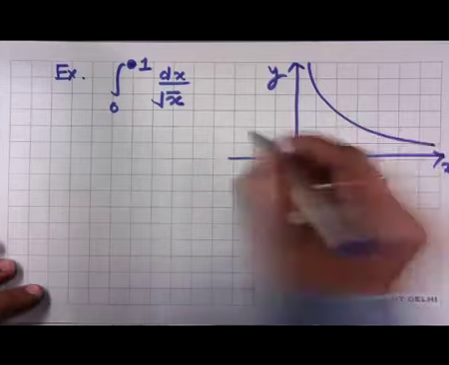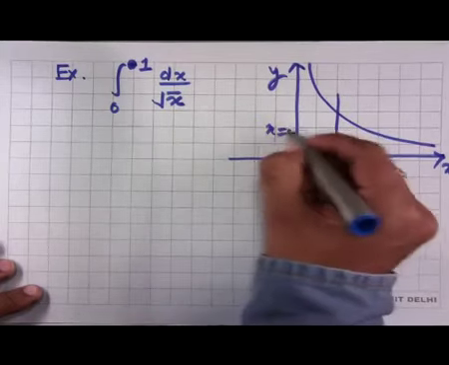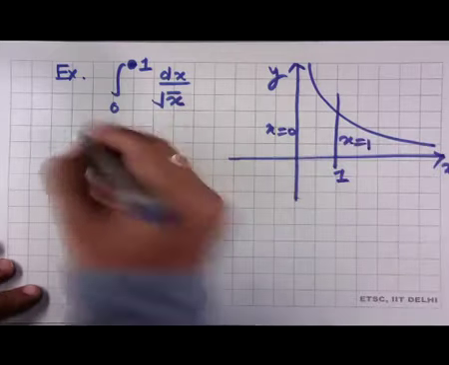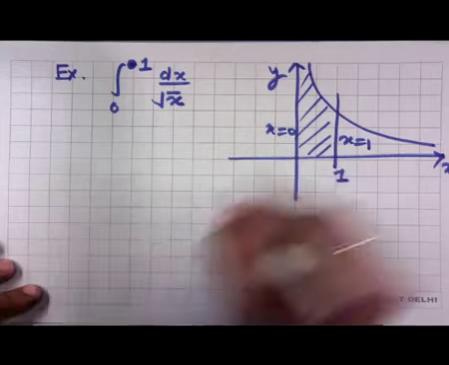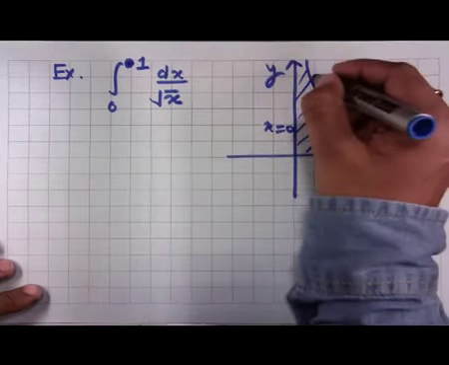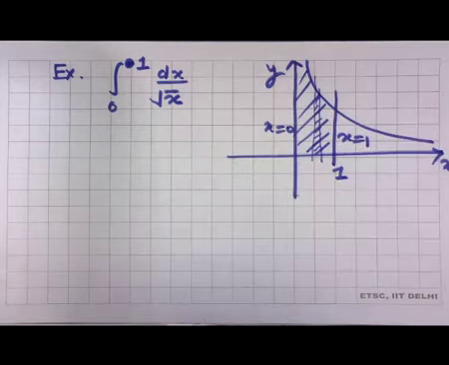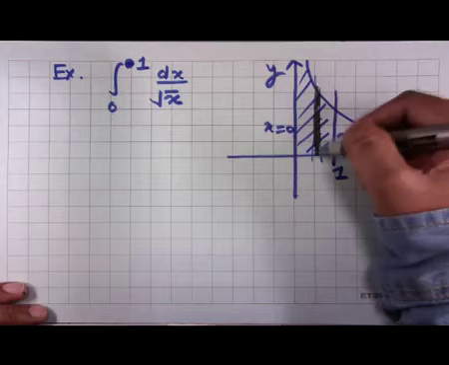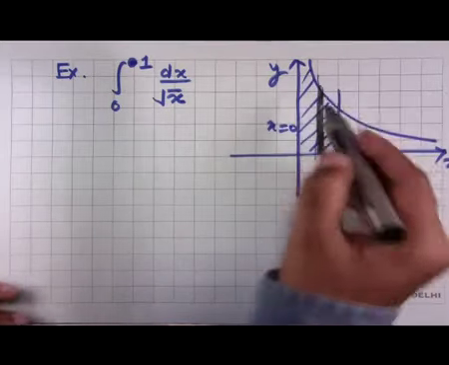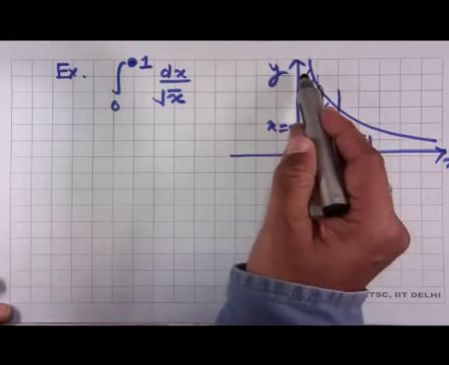So, you want to compute this area, where this is x equals 0 and this is x equals 1. If you draw it in very small rectangles, when you move towards 0, you will not be able to write the area of the rectangles, because the function value tends to infinity.